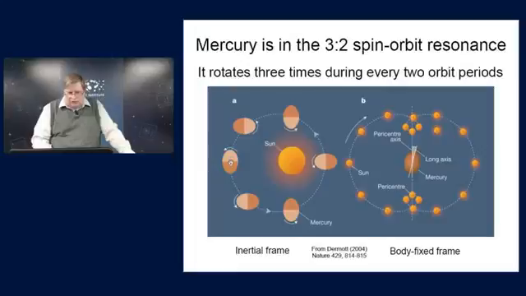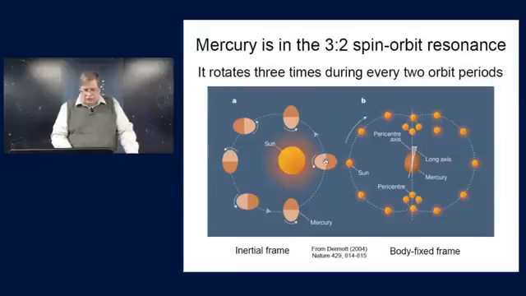And as it comes back around to perihelion again, it's rotated 1.5 times, so now the opposite hemisphere is facing the sun from last time. And it goes around again, and then the original hemisphere comes back and faces the sun.